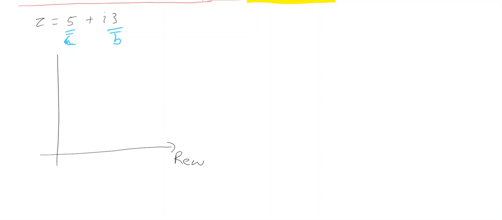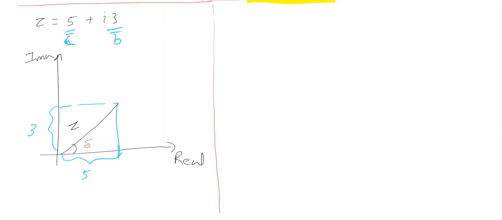Where should I take 5? As it is a real part, I can present 5 here. I can take 3 here, and then I would say that this is the z. We have represented the given complex number on the complex plane.